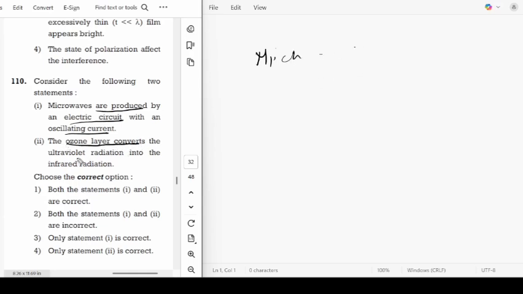Ozone layers convert ultraviolet radiation to infrared radiation. This option is incorrect because light coming from the sun contains all types of EM waves, but the ozone layer does not convert ultraviolet to infrared. Some of the radiations are converted, but not all of them. So only statement one is correct.